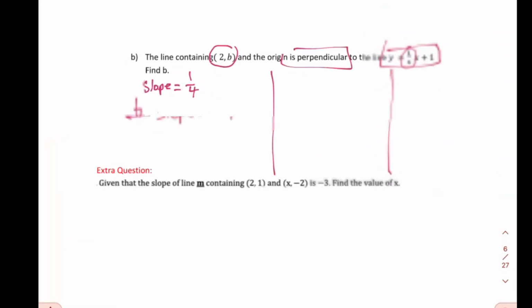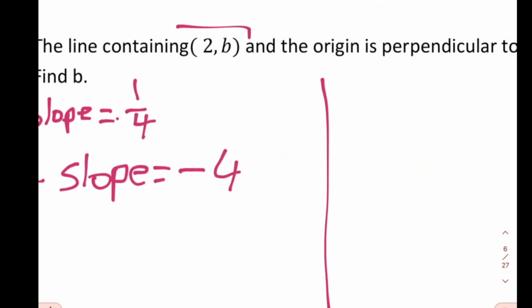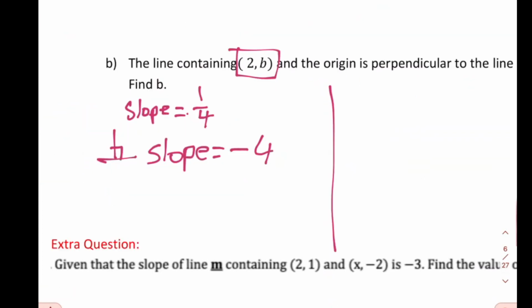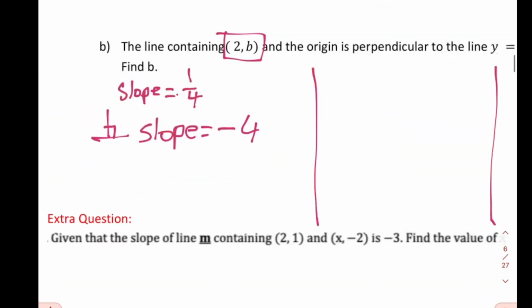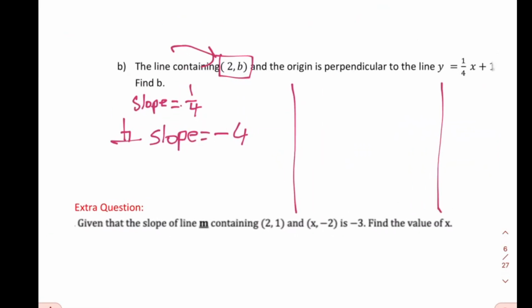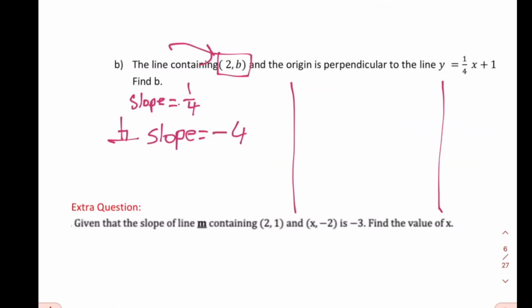Okay, now the line passes through this point. And perpendicular, that means the slope of this line should be negative 4. It passes through this point and this point.